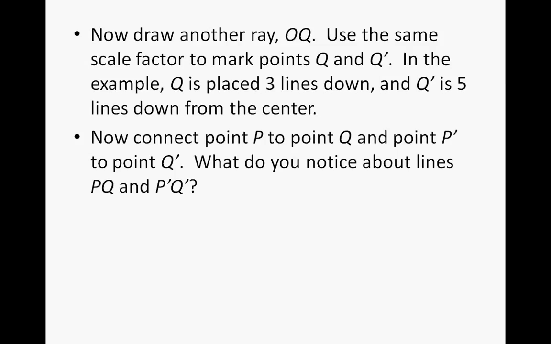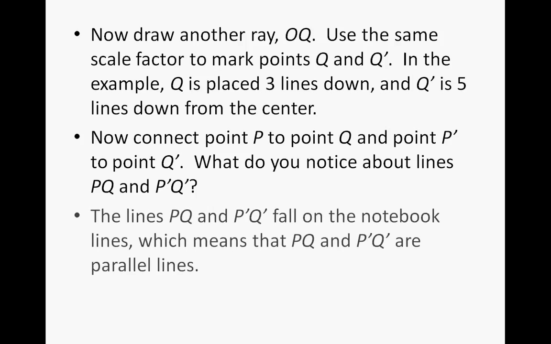Now connect point P to point Q and point P prime to point Q prime. What do you notice about the lines PQ and P prime Q prime? If you did it right, the lines PQ and P prime Q prime fall on the notebook paper lines, which means that PQ and P prime Q prime are parallel lines.